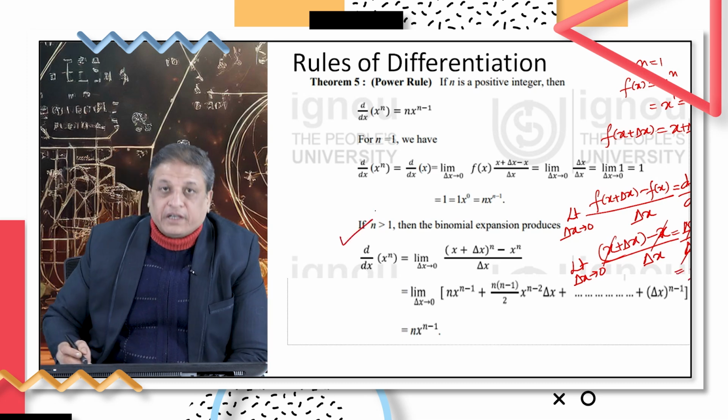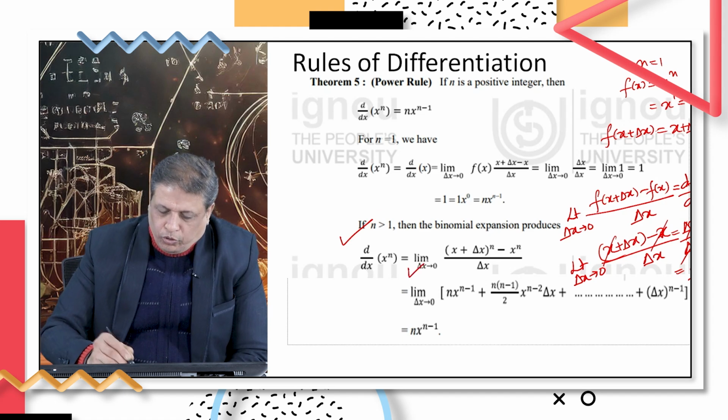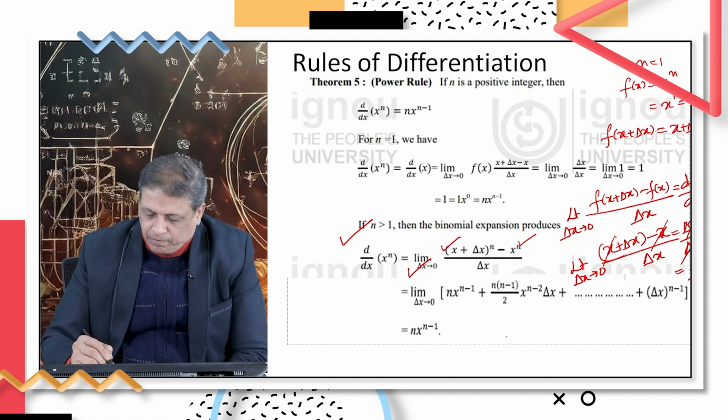So, when n is greater than 1, then d/dx of x to the power n turns out to be the limit as delta x tends to 0 of (x plus delta x) to the power n minus x to the power n upon delta x.